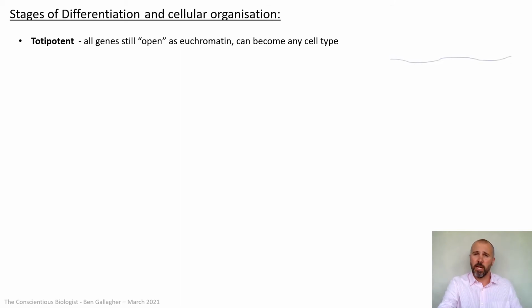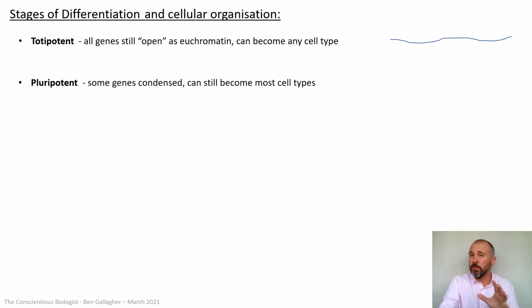A totipotent cell might start to specialize though, and become pluripotent. Still potent, potential, but now plural. Some of the genes are condensed, there's some heterochromatin, but a pluripotent cell can still become most cell types. When it specializes a bit more, it becomes multipotent. Again, its potential is multiple, but multi is not that many.